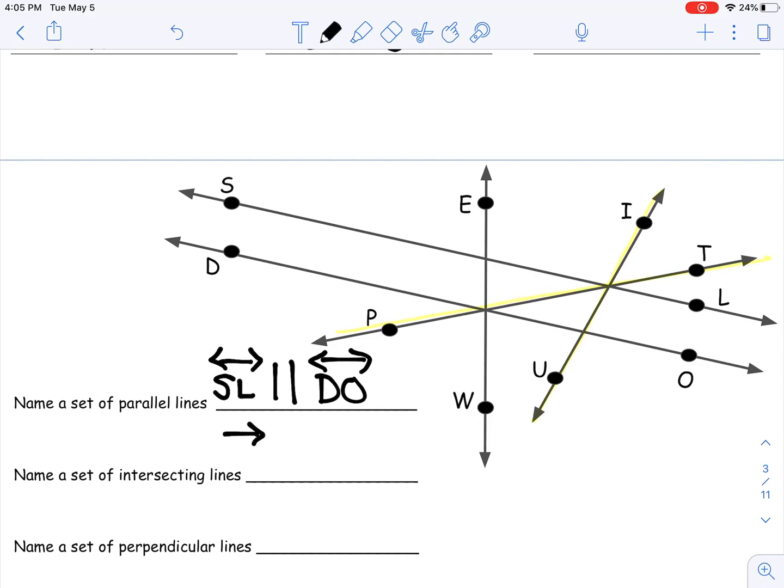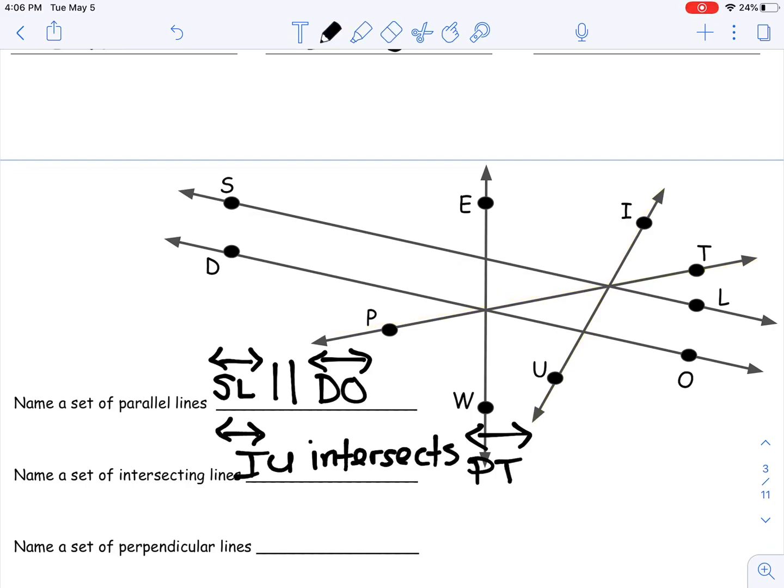Notice how they make that X. So I have line IU, and then I'm going to write the word intersects line PT. Like I said, there are a lot of them in this visual that are intersecting. So you could have chosen EW intersecting PT, IU intersecting DO, IU intersecting SL, lots of choices.